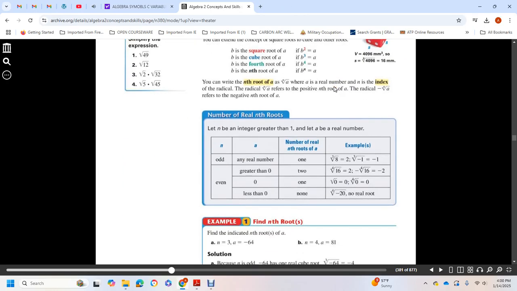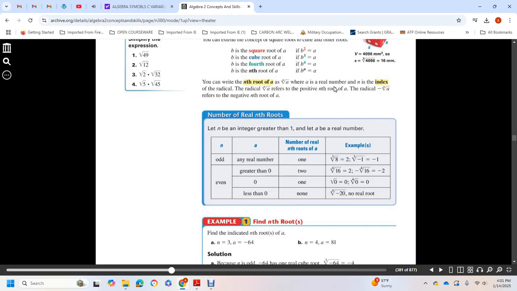Number of real nth roots. Let n be an integer greater than 1 and a be a real number. If the index n is odd and a is a real number, the number of real nth roots is 1. If n is even and a is greater than 0, the number of real nth roots is 2.